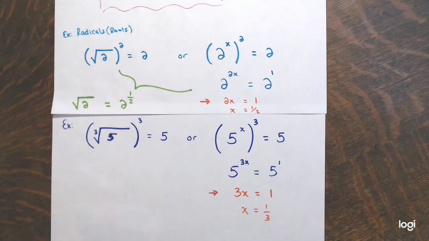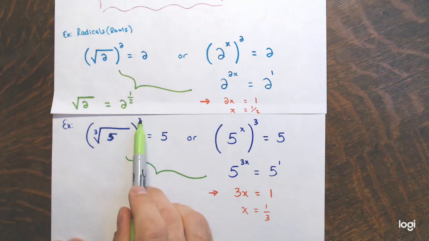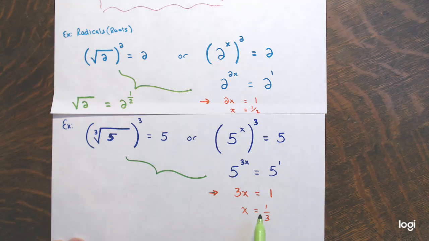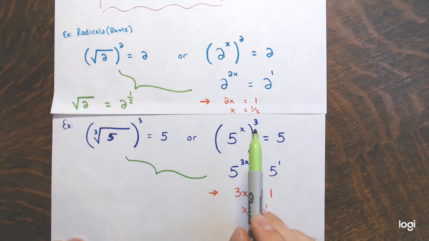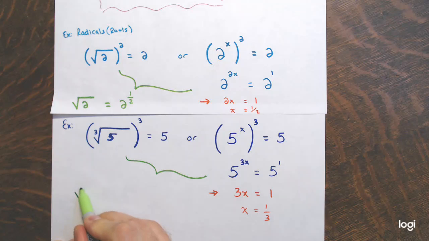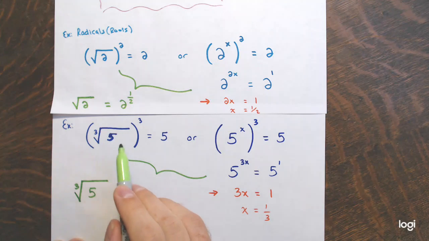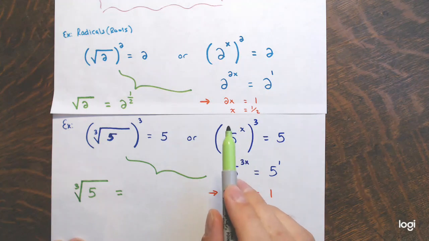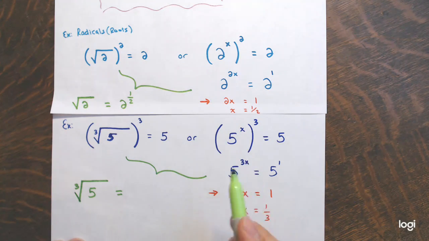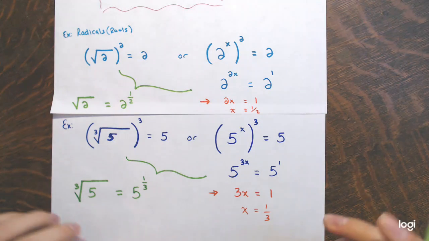So putting these two statements together, I'm seeing that the cube root of 5 to the third is 5, but also 5 to the 1/3 power to the third is 5. So looking at both of those, we see that the cube root of 5 is the same thing, right? This base here, the cube root of 5, is exactly the same as this base here, which is 5 to the 1/3 power.